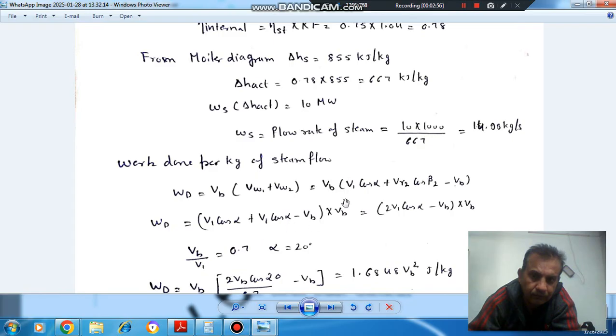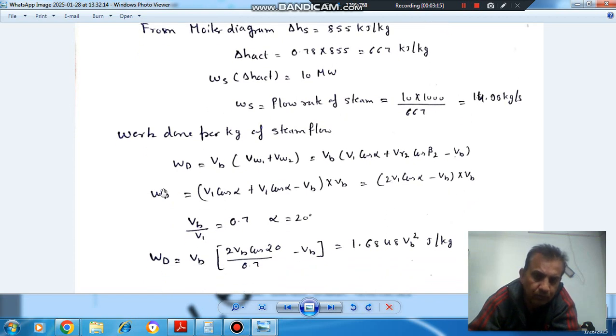VR2 in case of a 50% reaction turbine is equal to V1, and beta 2 is equal to the nozzle angle alpha. So we have the equation as 2 V1 cos alpha minus VB, into VB.